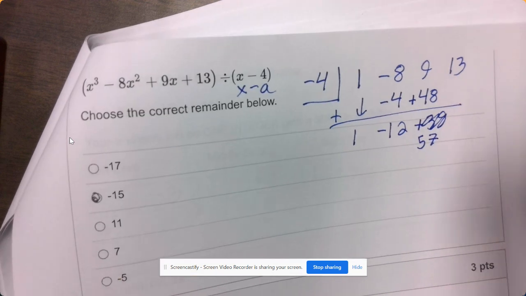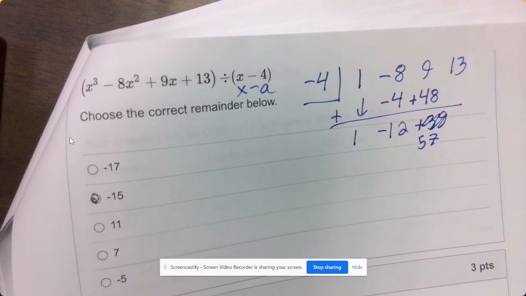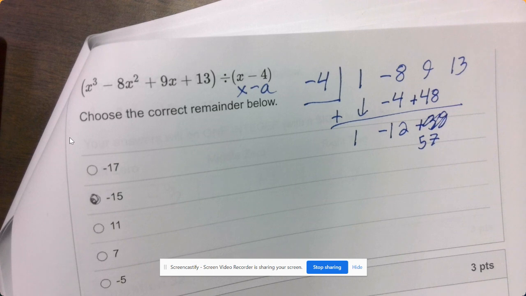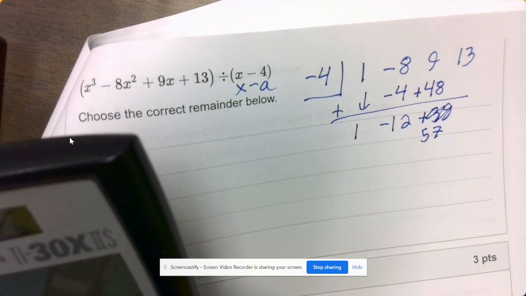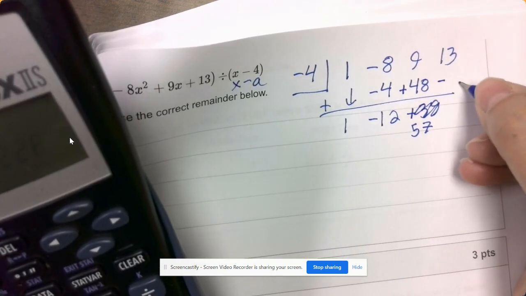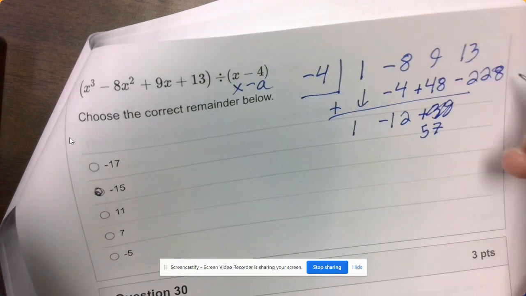These are big numbers, so double check your multiplication on this. 4 times 12 is 48. Plus 9 does give us 57. We'll multiply that by negative 4. You get negative 228. Big number.